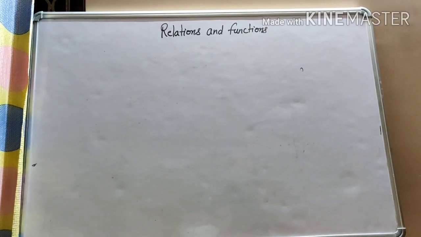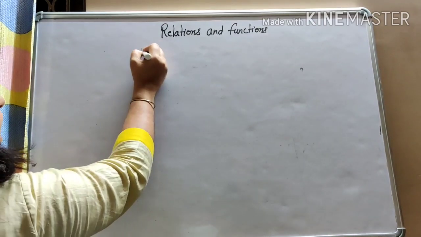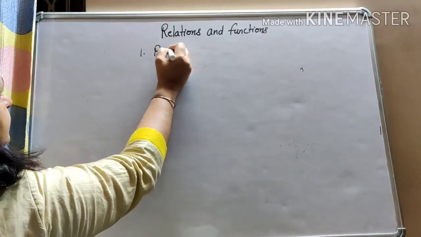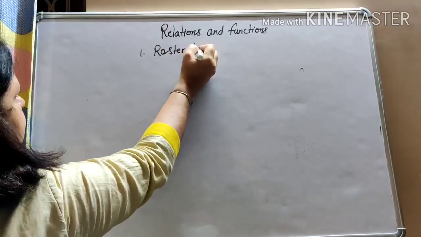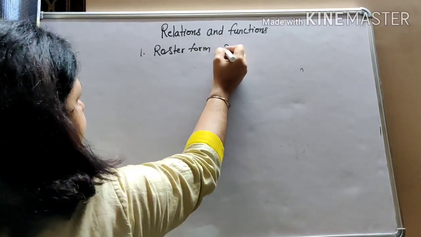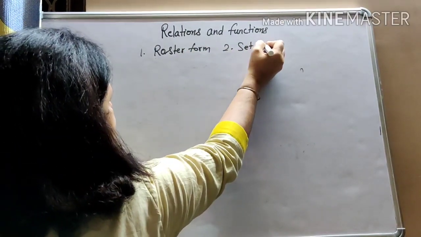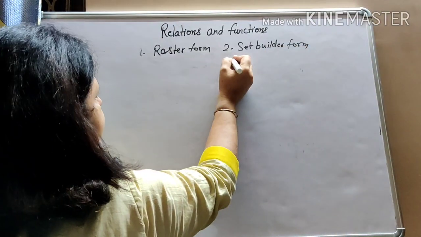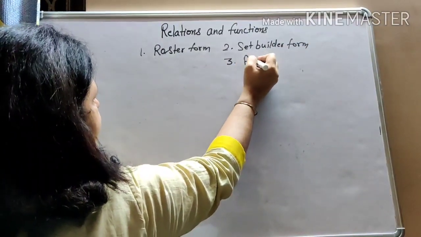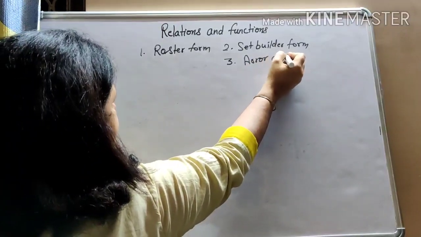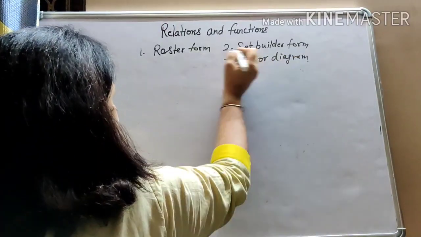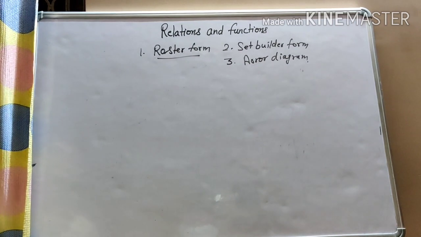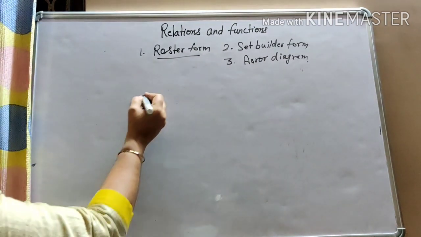Now we can represent relation in three forms. Number one is roster form. Second is set builder form. And third one is by an arrow diagram. First we will discuss about roster form.